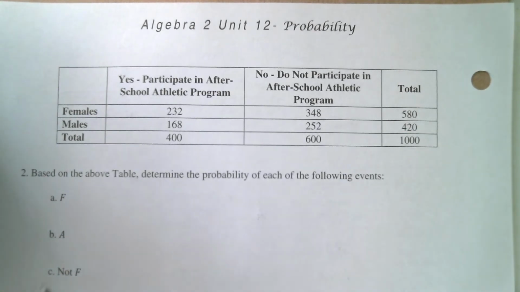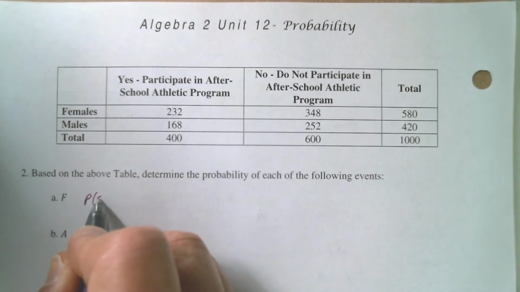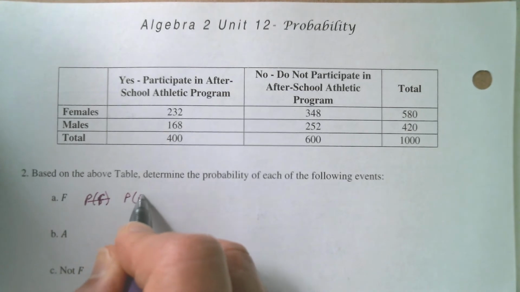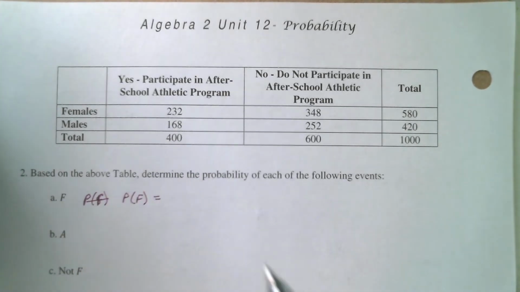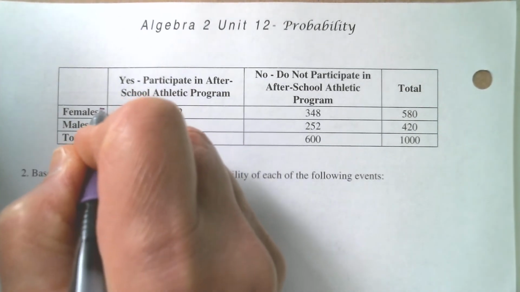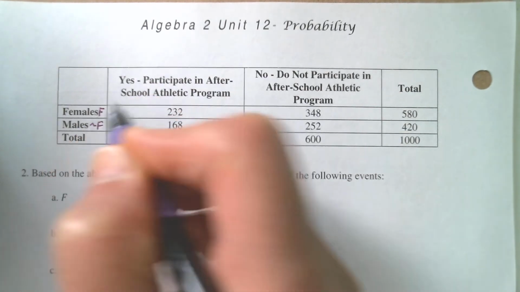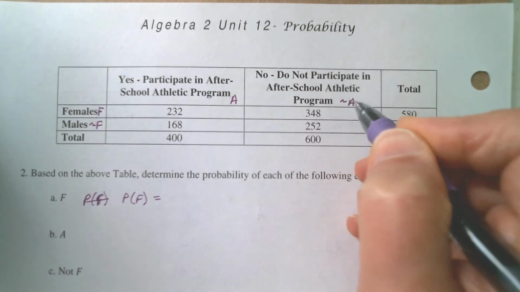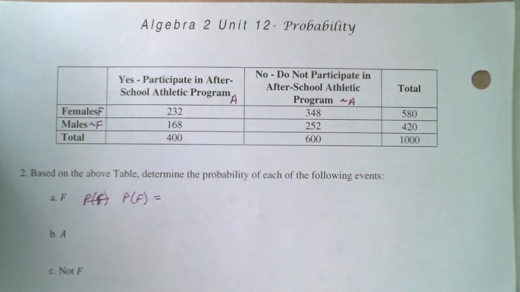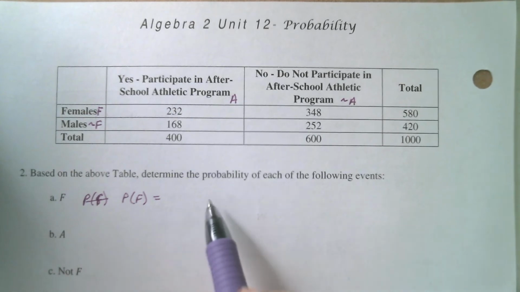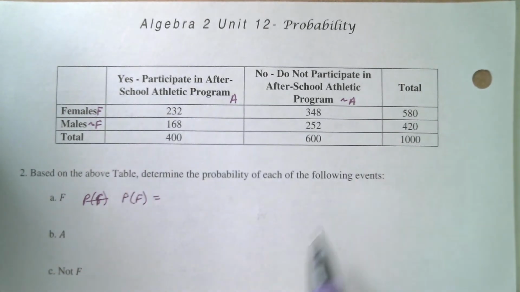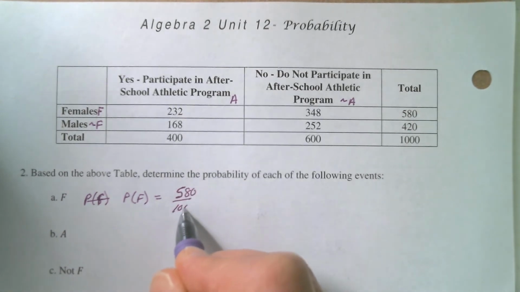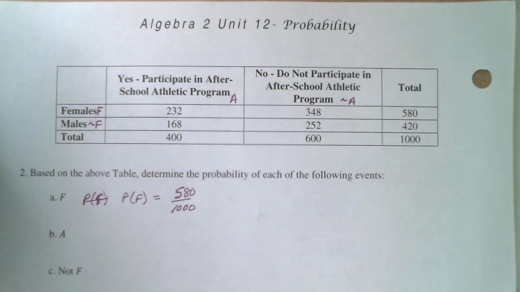So the probability of female, I'm going to do my same female, not female, athletic program, not athletic program. 580 over 1,000. And just leave the fraction answer.